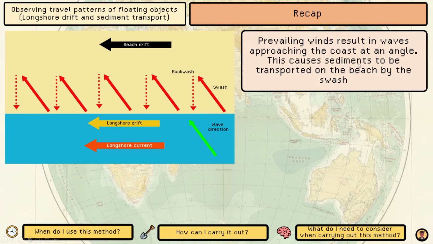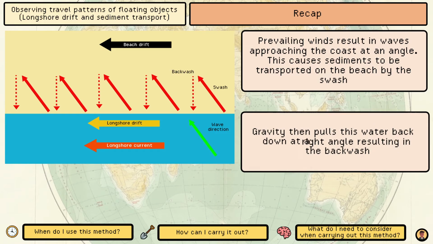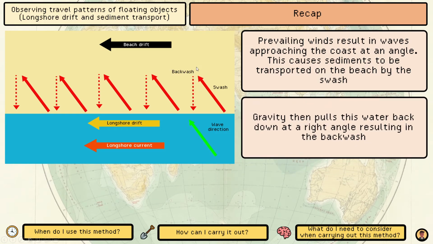And this causes sediments to be transported on the beach by the swash. So this upwards movement that you see here is the swash. Then what happens is that, remember the saying, what goes up must come down, right? Because of gravity. So as the swash washes sediments up, or as the water goes up the beach and deposits certain sediments up via the swash, gravity then pulls this water back down at the right angle, resulting in a backwash.